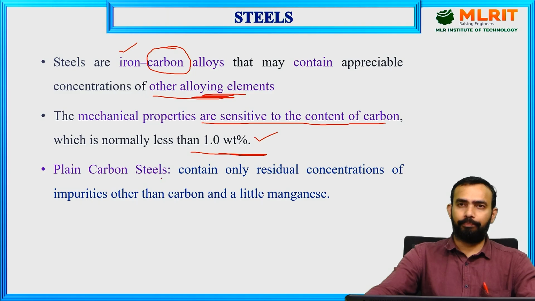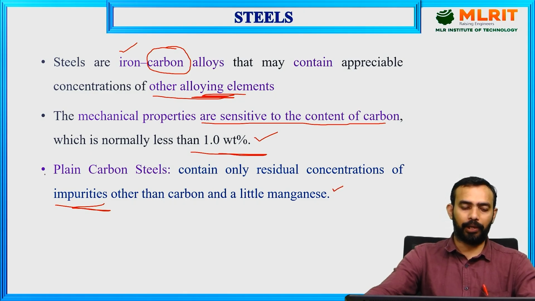So we have plain carbon steels based on the carbon content, which contain primarily carbon as an alloying element, and the remaining will be very small residues of impurities, and a little manganese could be present.